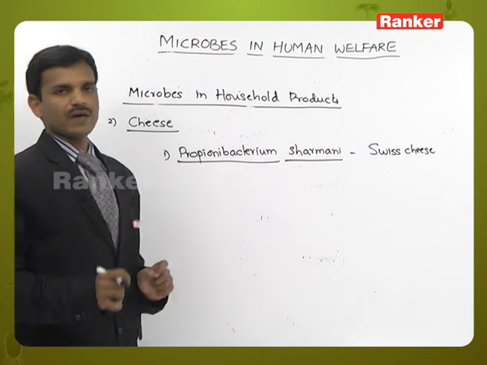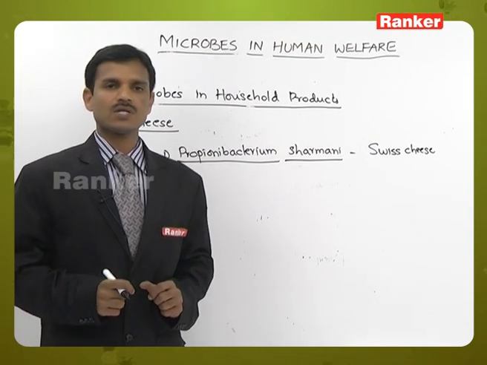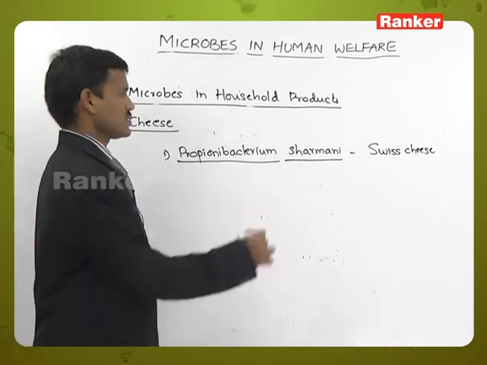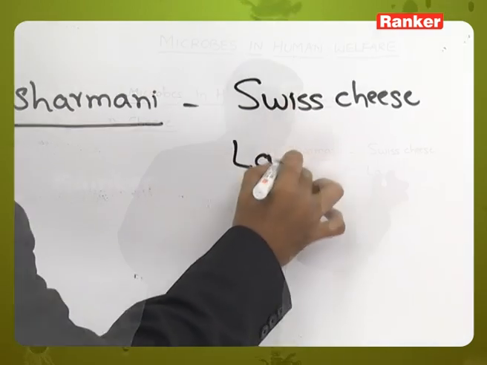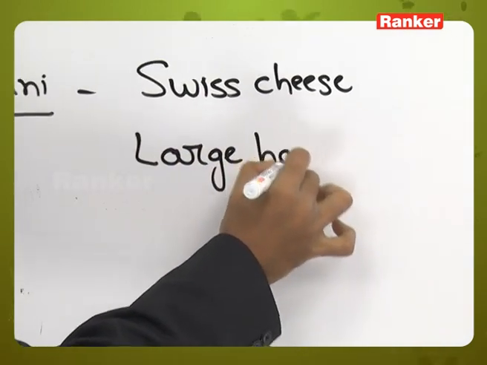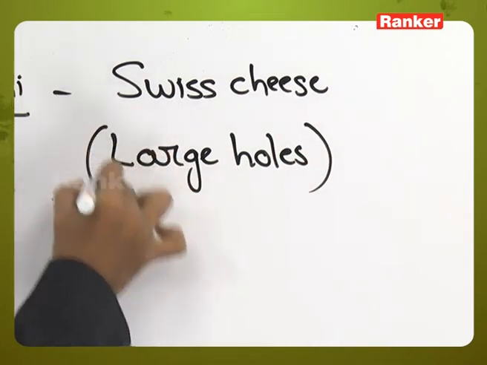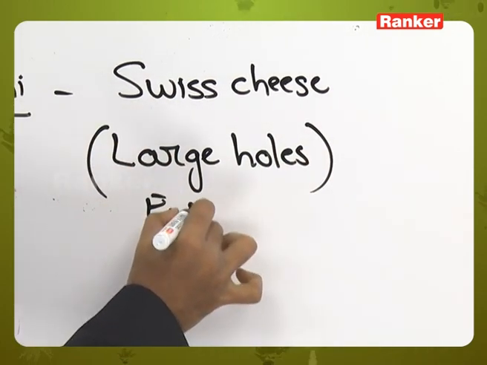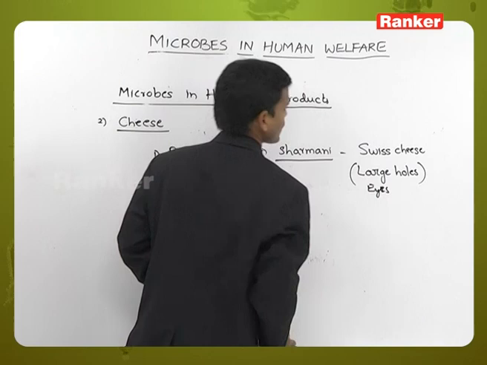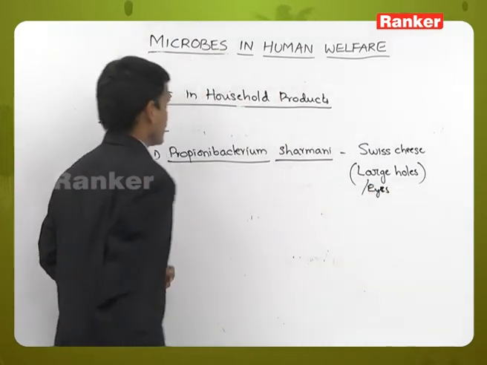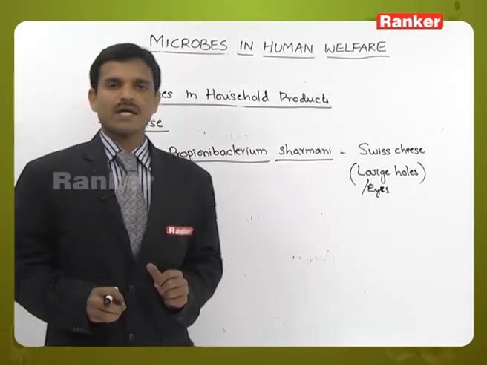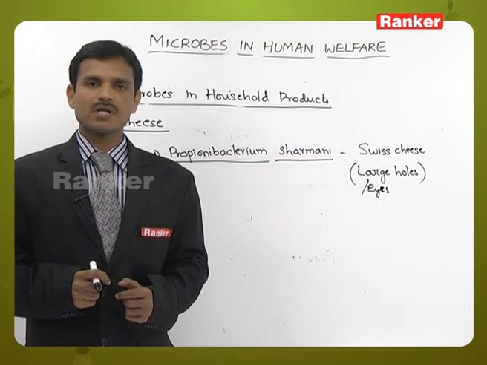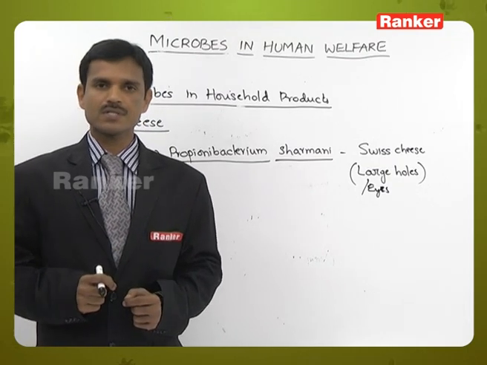The Swiss cheese has large holes, also called eyes. Next, some fungal members like Penicillium are also involved in the ripening process.